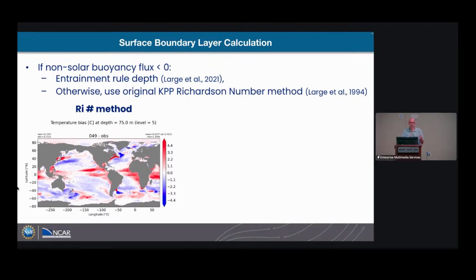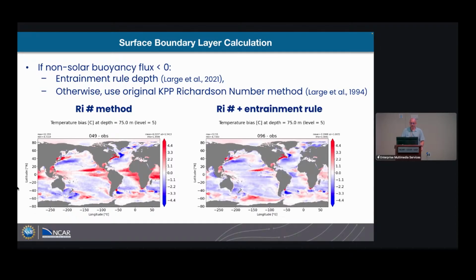The entrainment rule is used if the non-solar buoyancy flux is less than 0, which is then leading to convection. So it doesn't happen all the time everywhere. It does happen, and we have ways to show where this is active in the model. But when you add that on top, we were able to reduce this bias significantly.